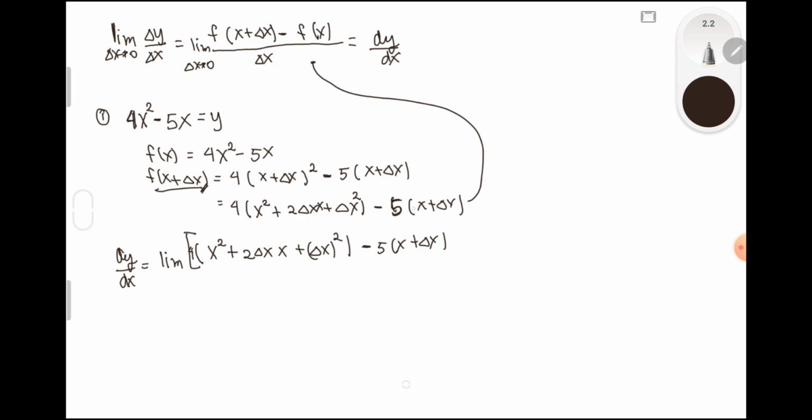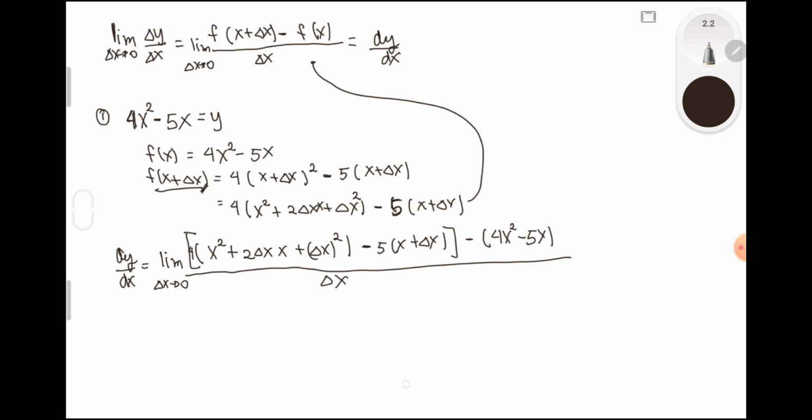So this should be our f of x plus delta x minus our f of x, which is 4x squared minus 5x, divided by our delta x as delta x approaches 0.